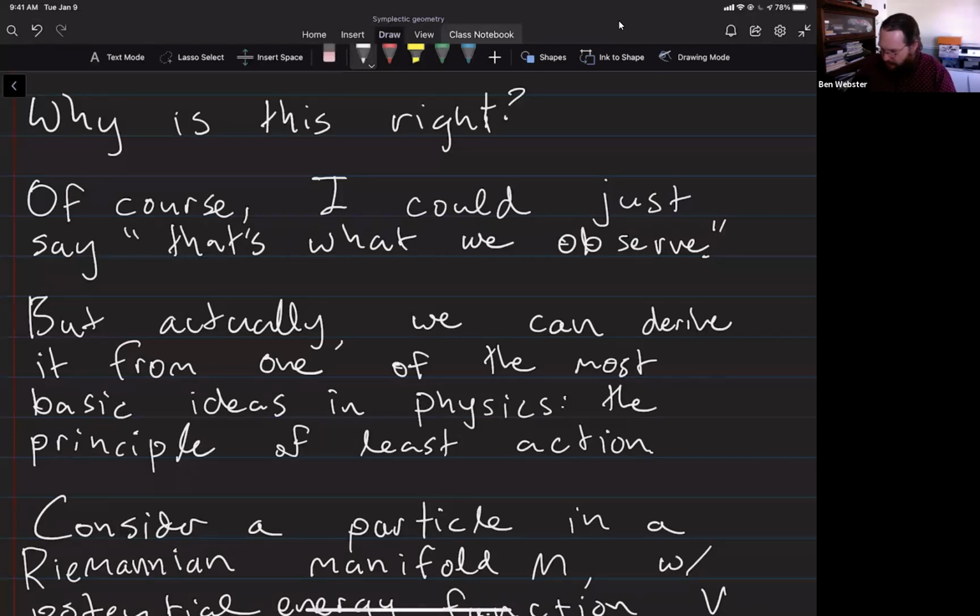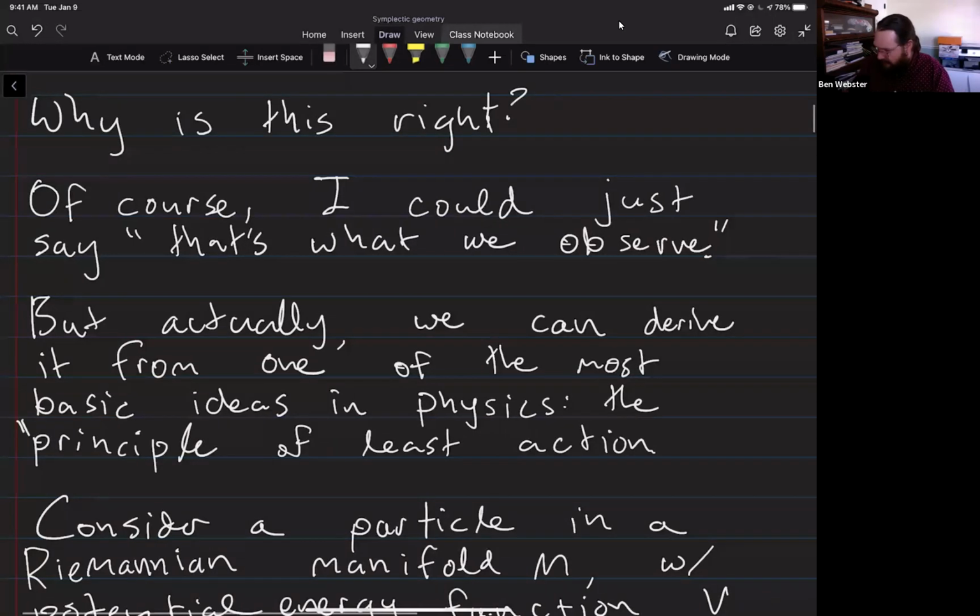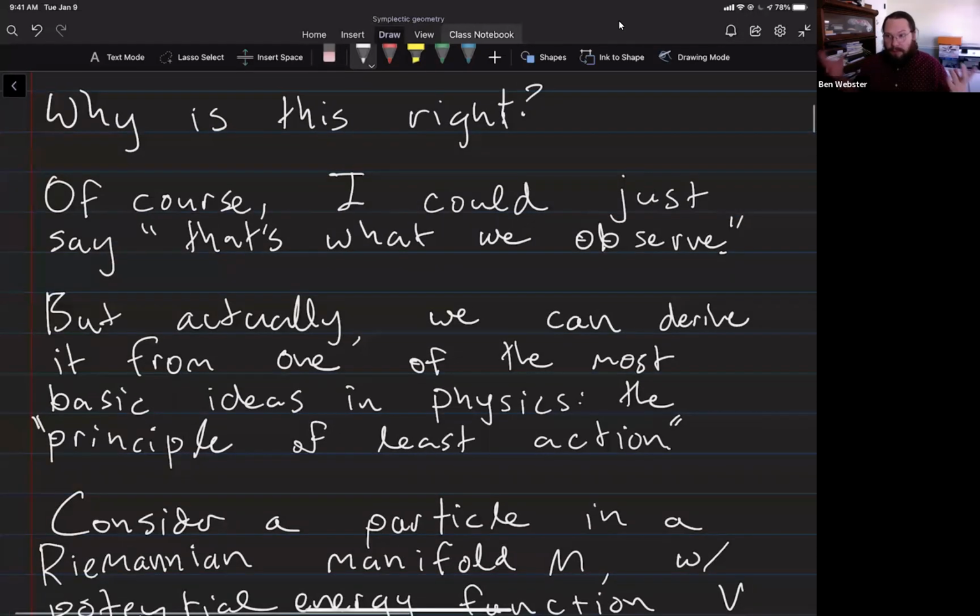This is an underlying physical principle that tells you how physical systems are supposed to behave, that works in many situations, and in the world of a particle moving around in a manifold, it's actually equivalent to Hamiltonian mechanics, but in a not totally obvious way.